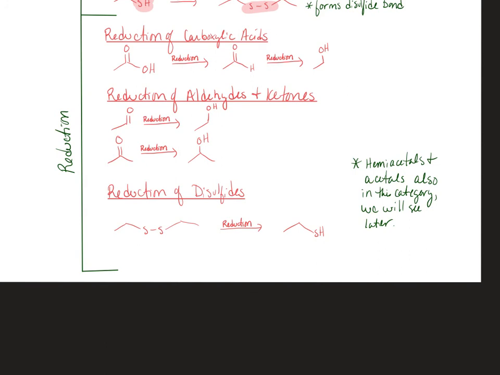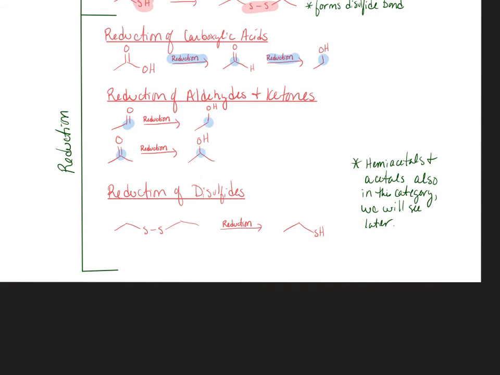So if we're reducing something like a carboxylic acid, it undergoes reduction to make an aldehyde, which can undergo reduction to make an alcohol. If you have a C-double-O bond and that undergoes reduction, either of the aldehyde or ketone, you end up making an alcohol.